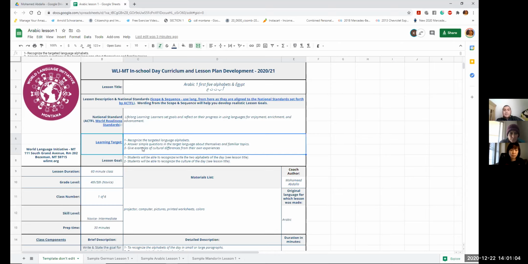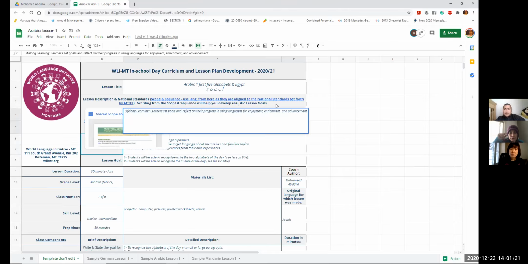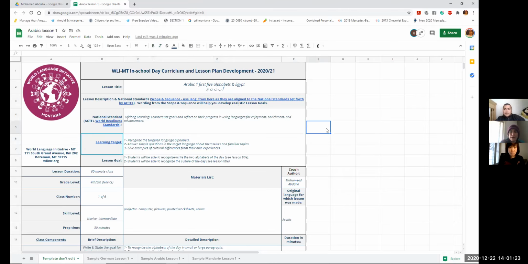Okay, so let's take away the alphabets. And I think again, I think you're right. Learning the alphabet is important, but if we want them to communicate, they need to be able to have some words they can use and they know what they mean. And with Arabic, it's gonna be baby steps, a very small amount of language.